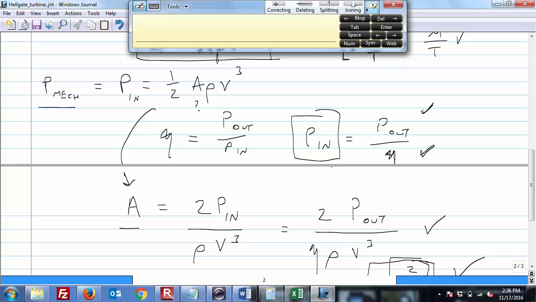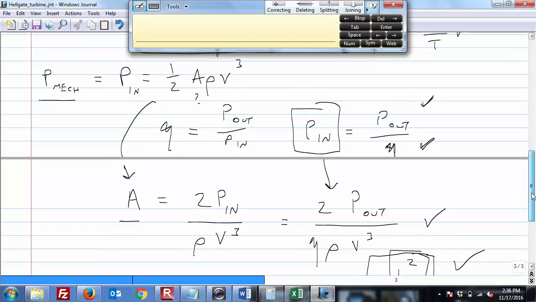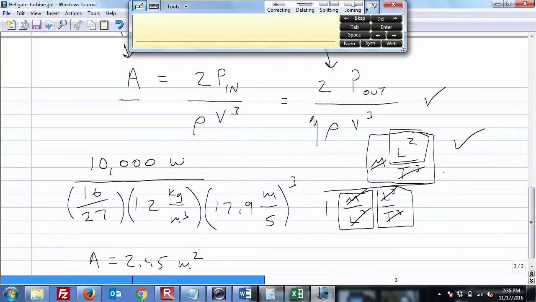Now we take our efficiency equation, substitute that in, and we have the area equals 2 times the power out divided by the efficiency divided by the density divided by velocity cubed. So now we've got it where we want it. The only thing I left off in my previous calculation was the 2.